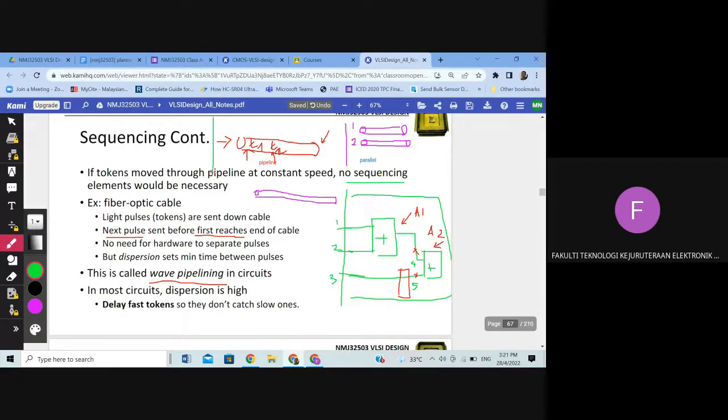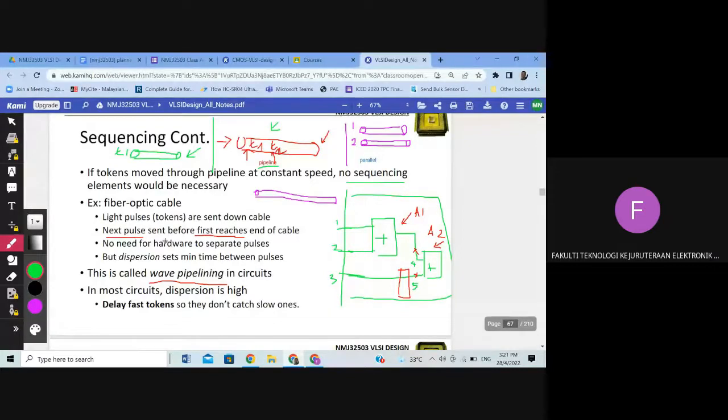We have one fiber optic cable, but we transfer token number one, or pulse number one, at time t1, and then we wait for that pulse to arrive at the end first, and only when it arrives do we transfer the next pulse. So that is truly sequential, one after another. The best one is the middle one, which uses the pipelining concept.